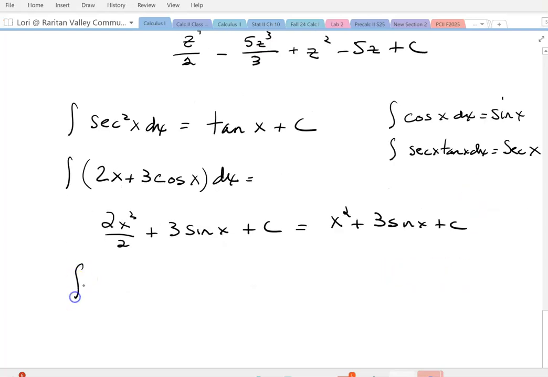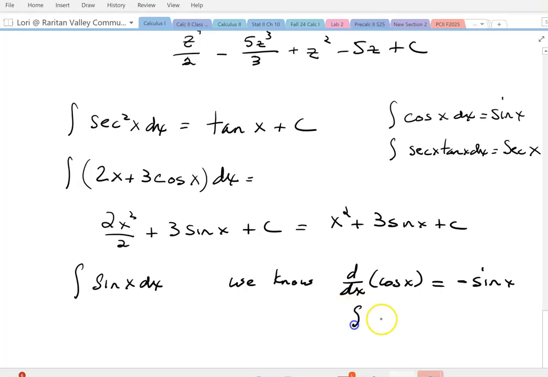Now, be careful, though, when doing the integral of sine x. We know that d/dx of cosine x is actually negative sine x.